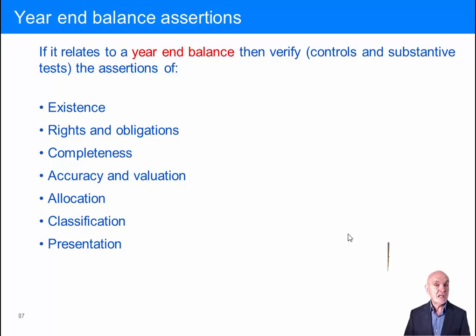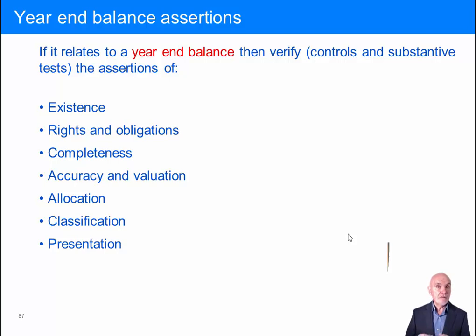And finally, presentation. We need to know what the presentations should be. For example, the non-current assets, you would normally have to disclose what the depreciation charge was and the depreciation provisions and so on. So people maybe have an idea of the age of these assets, and we have to have evidence that the presentation is correct.